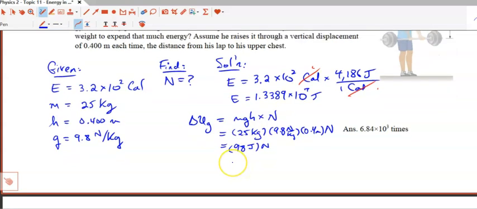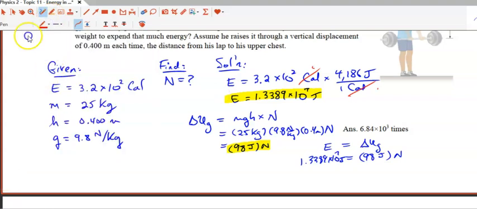Now we're going to assume that the food energy he's consumed is equivalent to the total potential energy that he's using. So we equate these, essentially equal to each other. The energy is equal to the gravitational potential energy. So 98 joules times N, where N is the number of times, is equal to 1.3389 times 10 to the power of 7 joules.